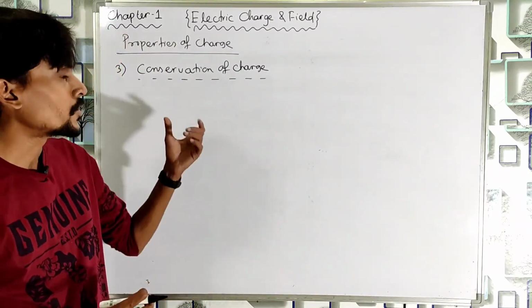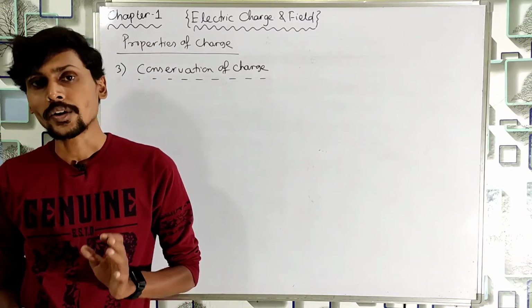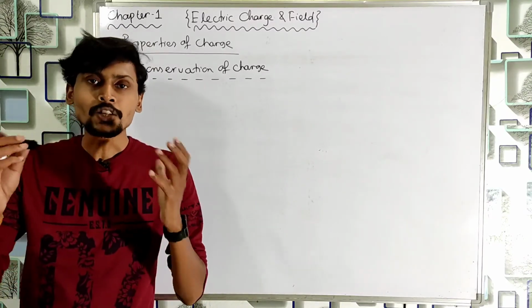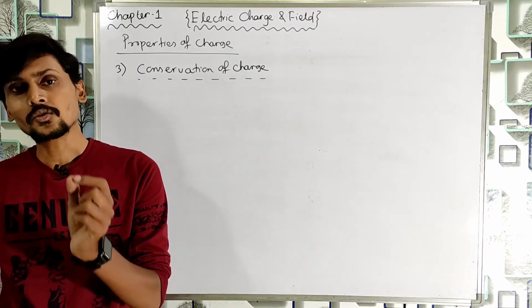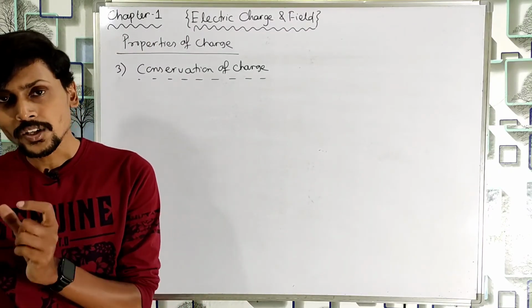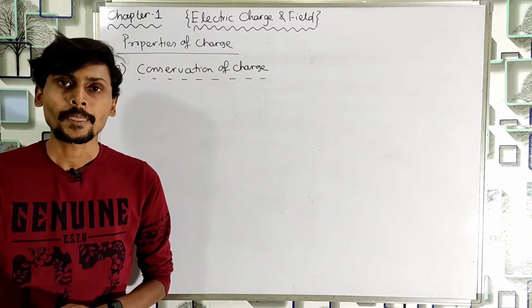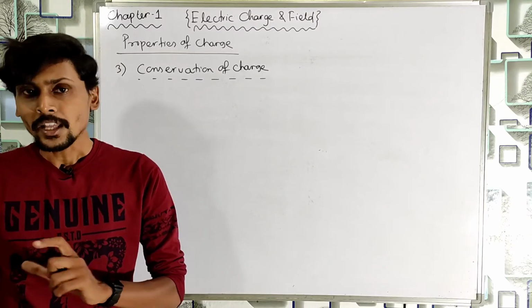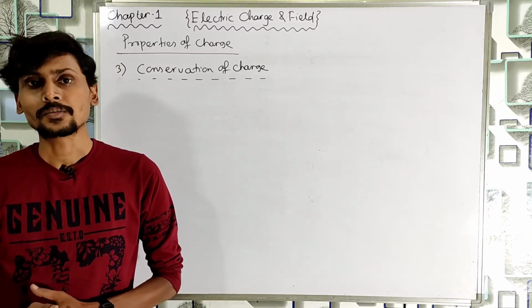Similarly, charges can neither be created nor be destroyed. In an isolated system, the total amount of charge is fixed, is constant. Charges can be transferred from one body to another, but you cannot destroy charge. You cannot create new charges.